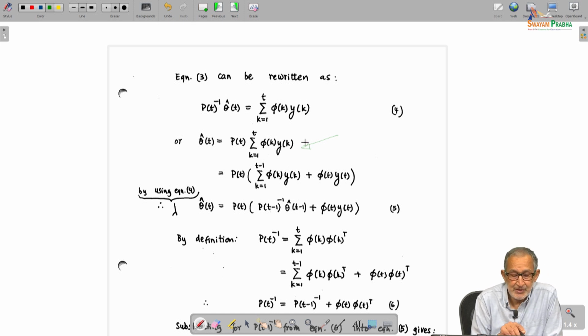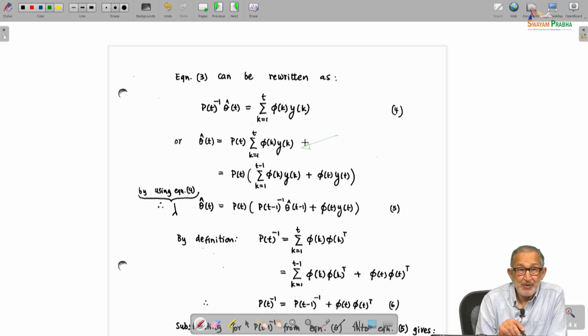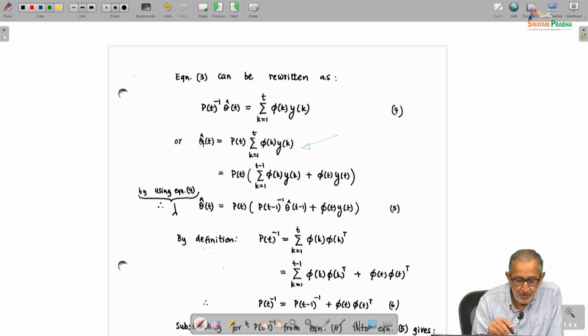So this is telling you, when you collected t sample points, the expression or the estimate for theta hat, the cap that we have denotes it's the least squares estimate. It's not an exact number, meaning it's not the exact value that you would get from the model. Based on t points, it is an estimate, is equal to P of t summation k from 1 to t of phi k times y of k.